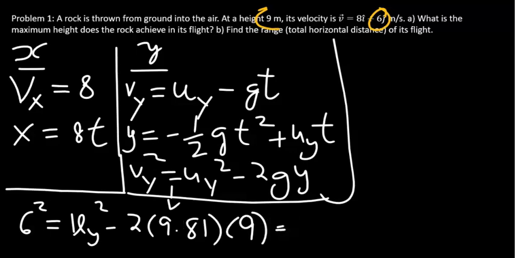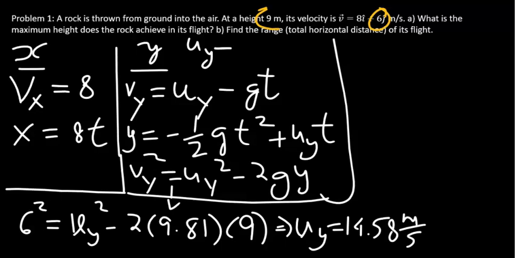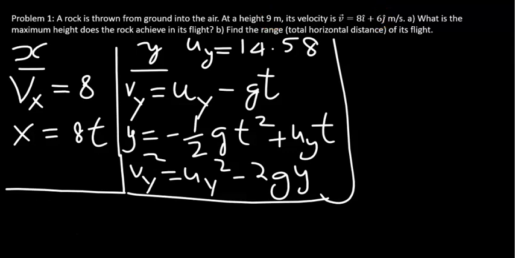So you can determine u sub y from this equation, and that's going to give you 14.58 meter per second. So u_y has been determined, 14.58 meter per second. Before we determine the maximum height, we need to determine the time at which this maximum height is attained. Let's call it capital T.